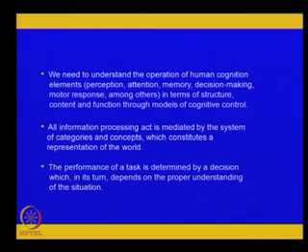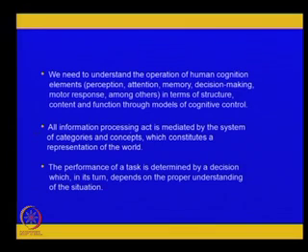We need to understand the operation of human cognition elements, that is perception, attention, memory, decision making, motor response, among others, in terms of structure, content and function through models of cognitive control.